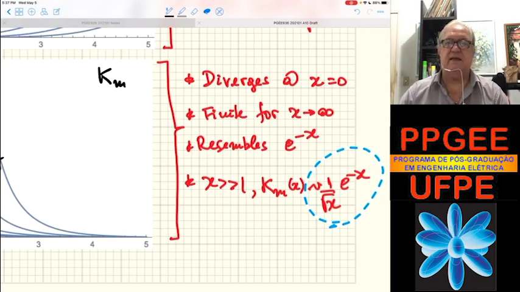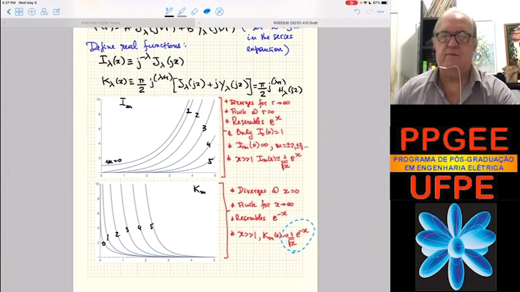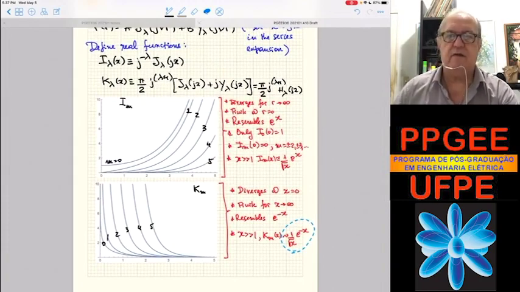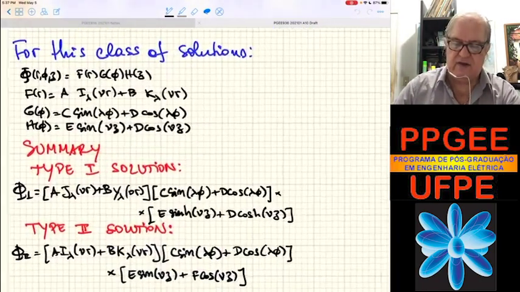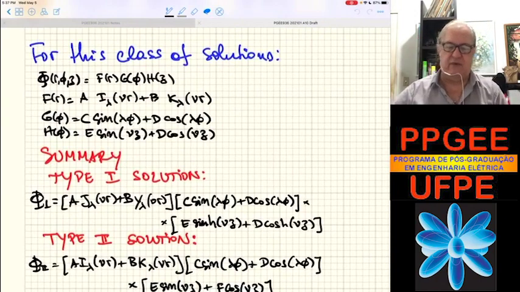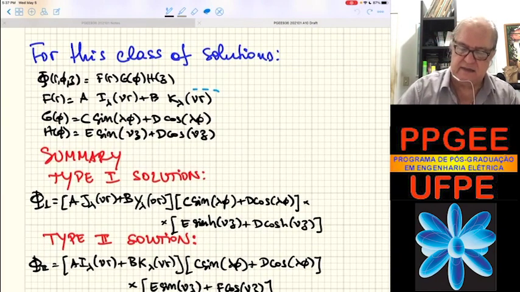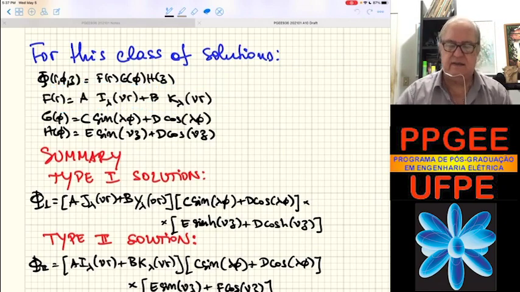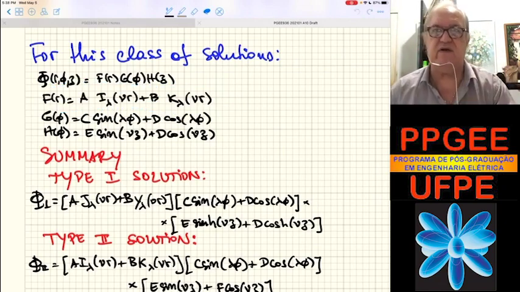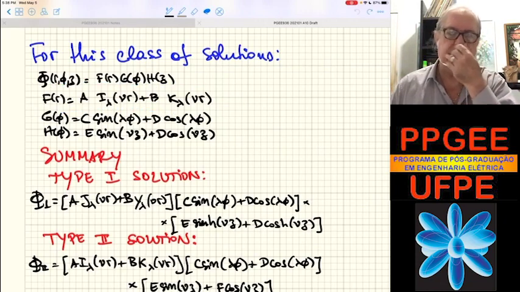Let's see what else we have here. So for this choice of separation constants, we're going to have modified Bessel functions in the R domain, right? We have to exclude solutions that diverge when you know they shouldn't diverge.